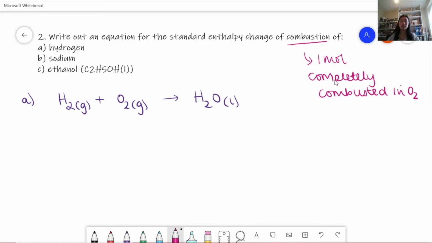So we must have half an oxygen here, because otherwise if we change this, so say we change this to 2H2O and kept this as O2, then we would have to change this to 2H2, and we can't do that because we're only burning 1 mole and not 2, so this would be wrong.